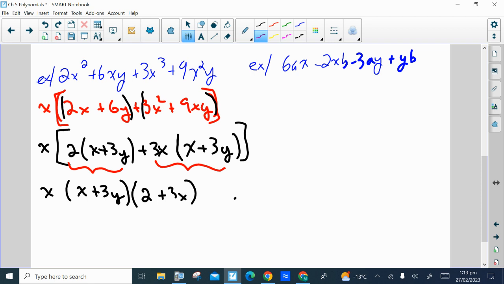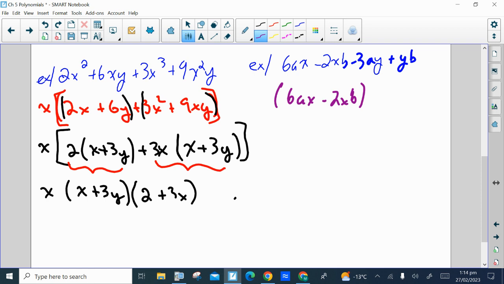Now remember, you always want to group them in such a way that there's a plus sign in between the brackets. If you group the first 2 terms together, put them in brackets. All the ones we've done before, there was a plus sign between the second and third term. Here there's not.